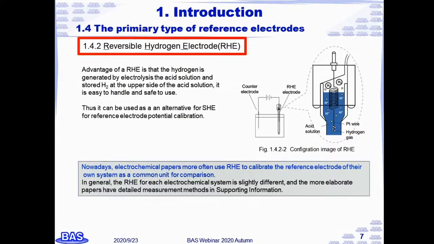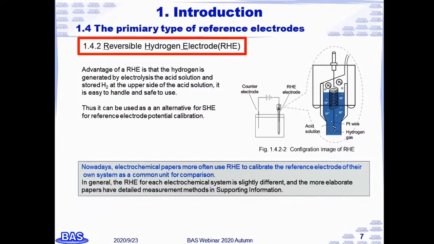Reversible hydrogen electrode is another primary type reference electrode. The potential of RHE depends on the hydrogen gas pressure and the hydrogen ion activity in the inner solution. When 1.2 molar hydrochloric acid at 25 degrees Celsius is used, the hydrogen ion activity is theoretically calculated to be 1.